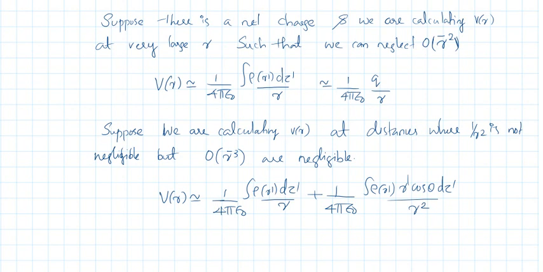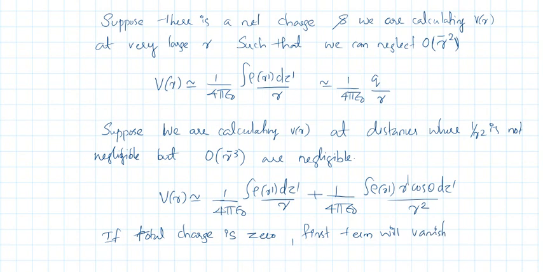Now what happens if total charge is 0? If total charge of such a distribution is 0, then first term will vanish.